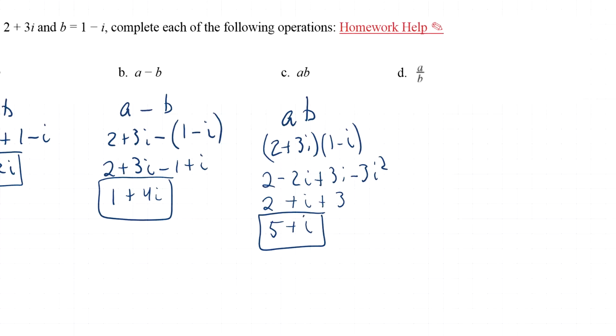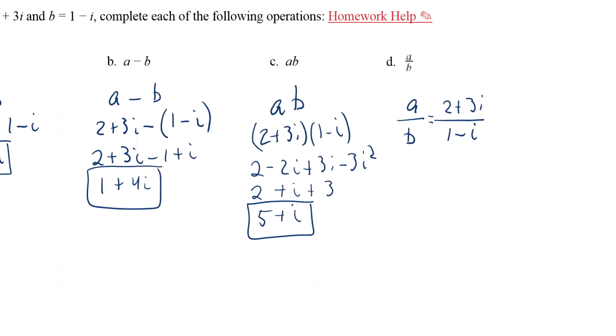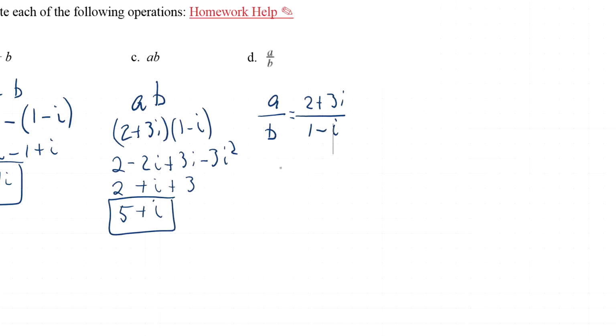And then the next one is we're going to do a divided by b. And so then this equals 2 plus 3i divided by 1 minus i. Alright, so the thing we have to be careful here is our answer is 2 plus 3i divided by 1 minus i.